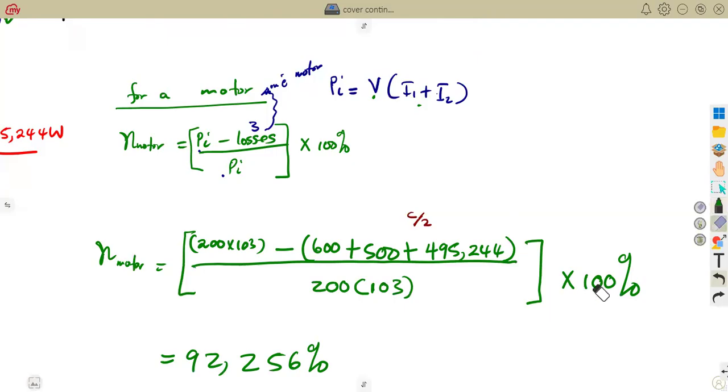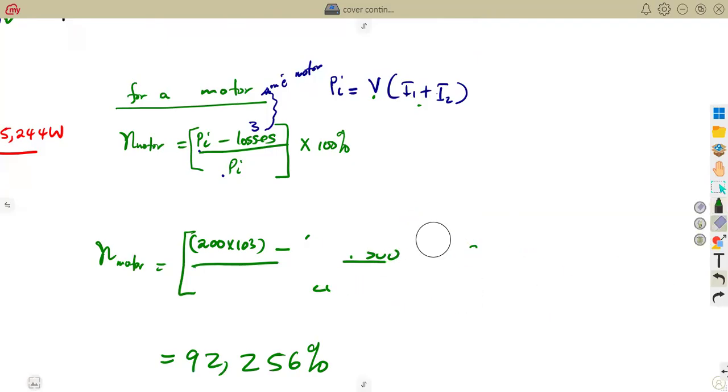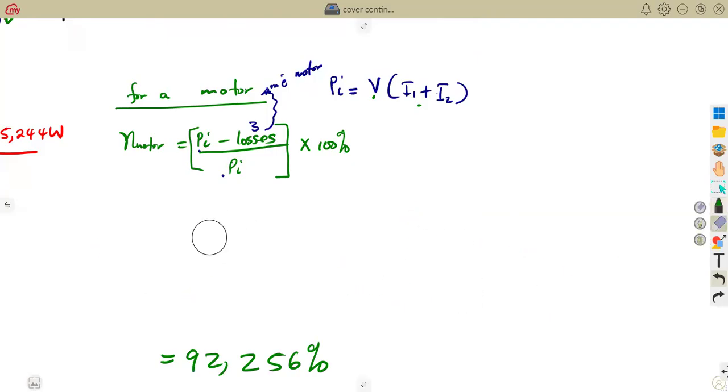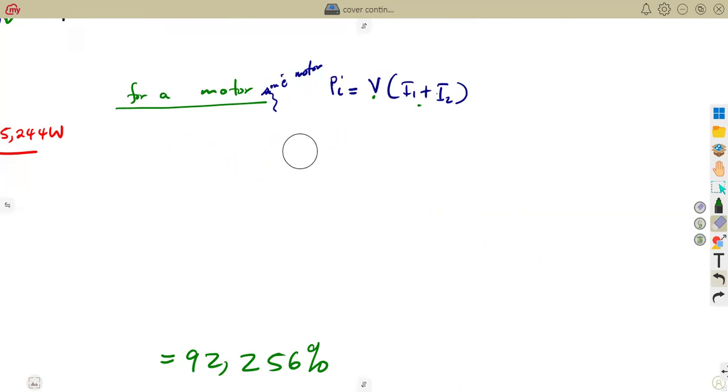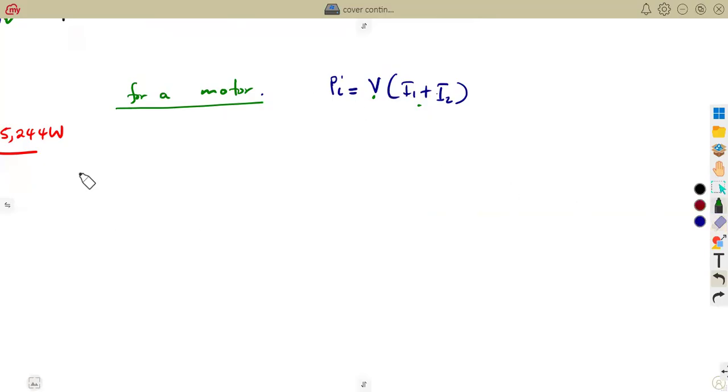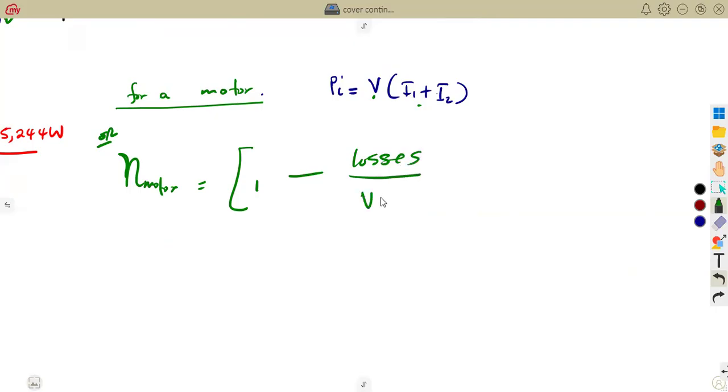So it is up to you the way that you're going to present your formulas, guys. You can present your formulas using the one for the efficiency of a motor. You use the one that has 1 minus the losses over the input, which is voltage times the load current. But remember, I was specifying that our load current, which is the motor's load current, is given by I1 plus I2.